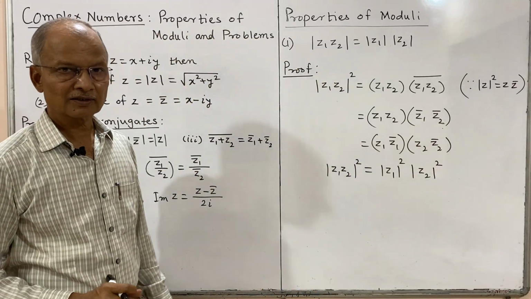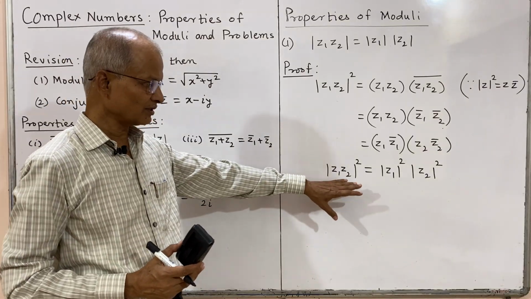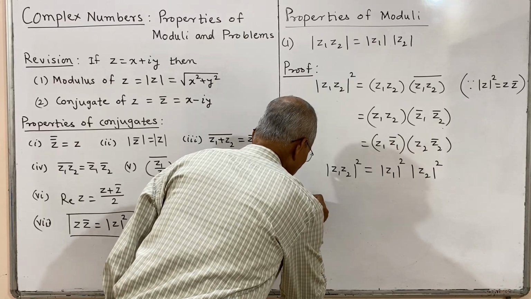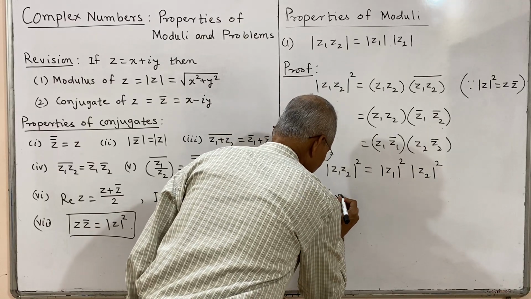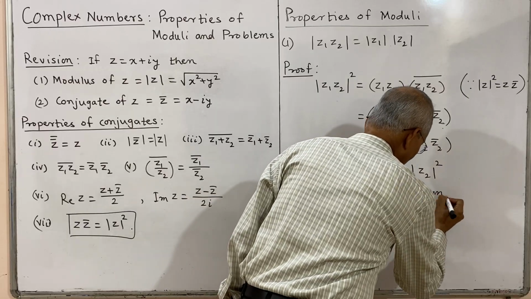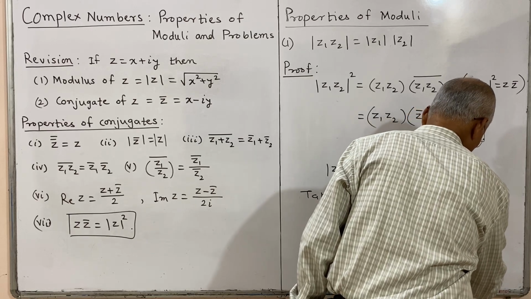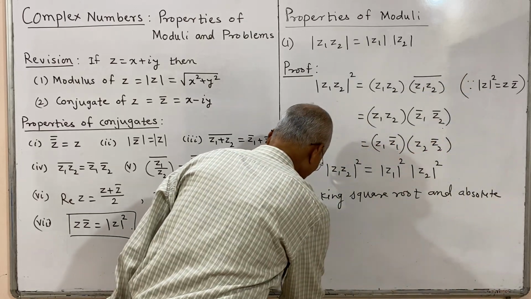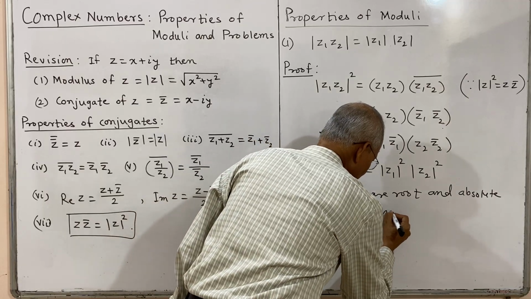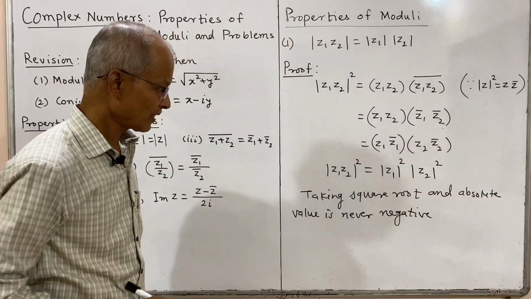Now we shall take the square root on both sides, and we know that the absolute value, the modulus, is never negative, so we don't consider the negative sign for the square root.